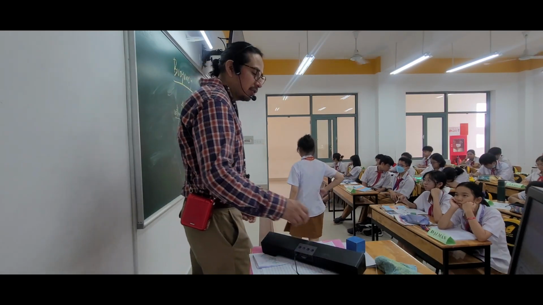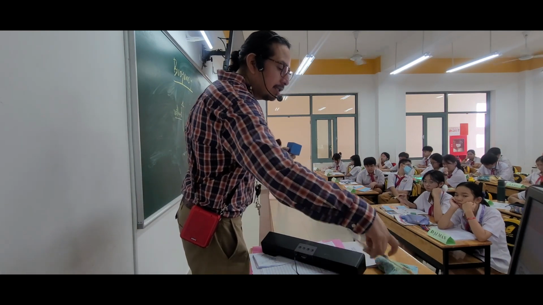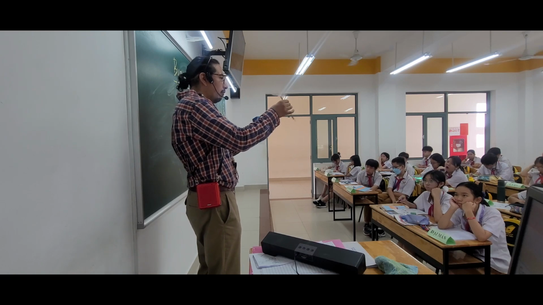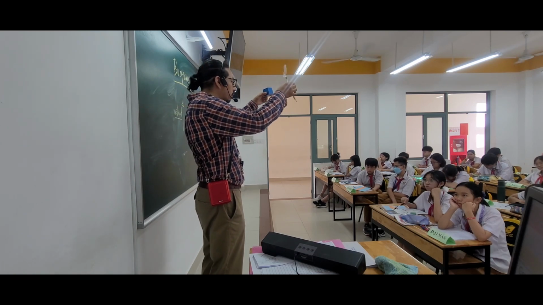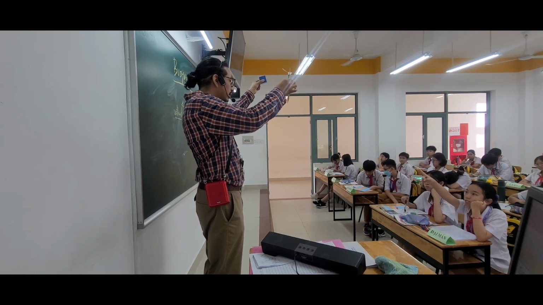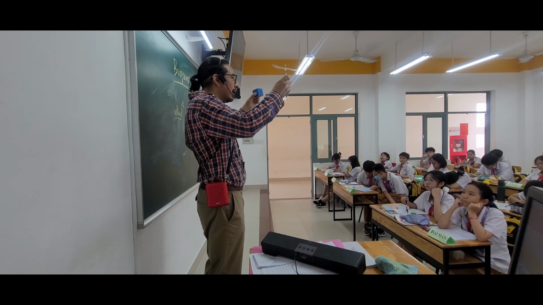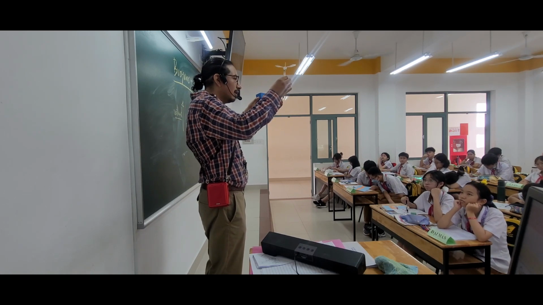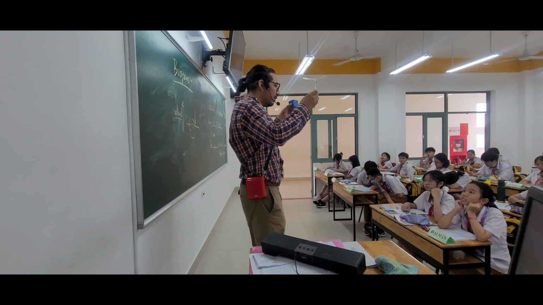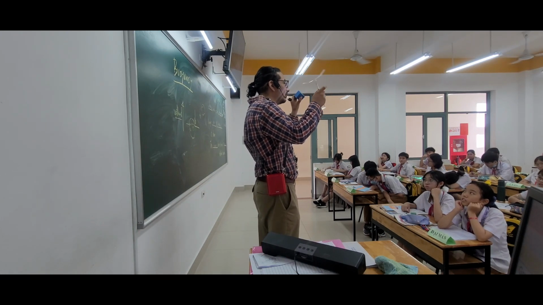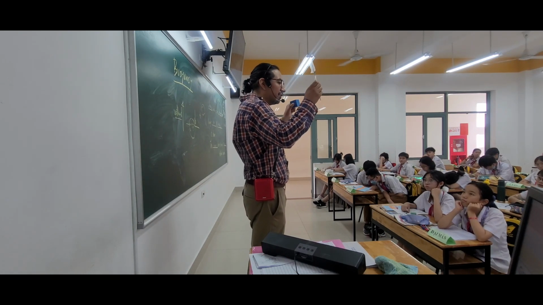Okay, so if I have this object and this object, especially if I move it around, which one do you think is going to fall faster? Yeah, this block. Why is that? It's more dense? Okay, that's one good answer. Anything else?